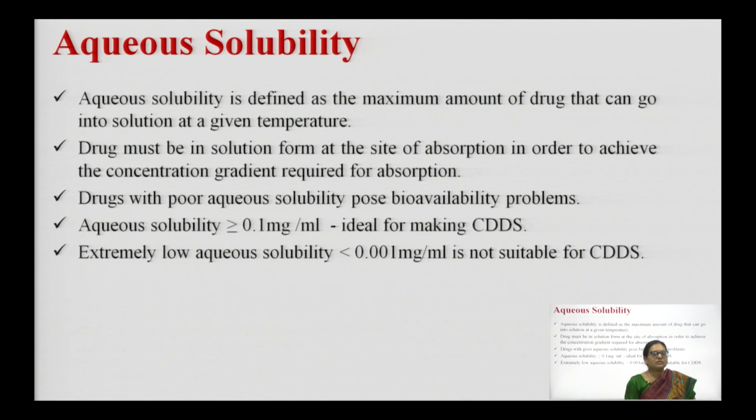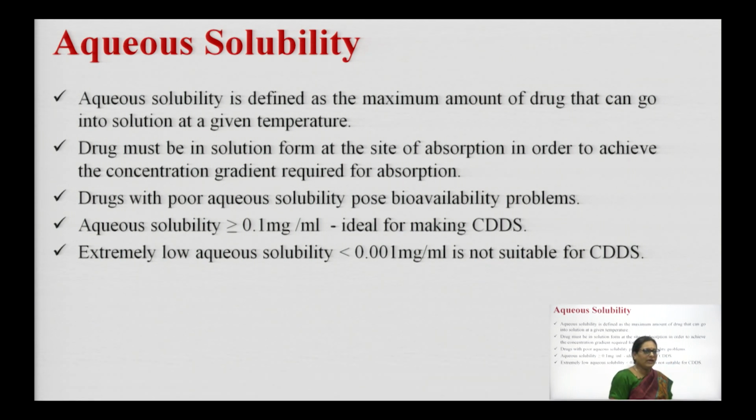Thus, drugs with poor aqueous solubility pose a bioavailability problem. An aqueous solubility of less than 0.001 milligram per ml makes a drug unsuitable for formulating controlled drug delivery systems. However, drugs with aqueous solubility greater than 0.1 milligram per ml are ideal for formulating controlled drug delivery systems.